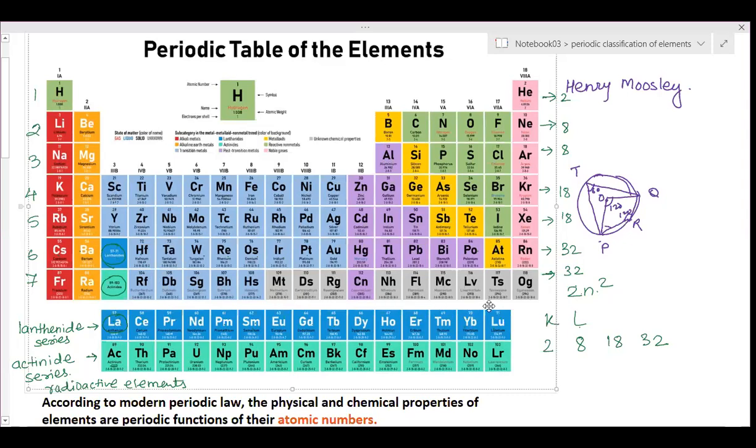The gray color ones have unstable, unknown properties. All the properties are not actually known till now, so these are unknown chemical property elements. After that, one more row has been formed now. All are synthetic materials, synthesized by the scientists.